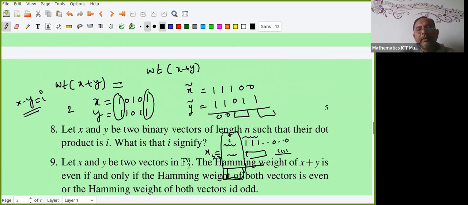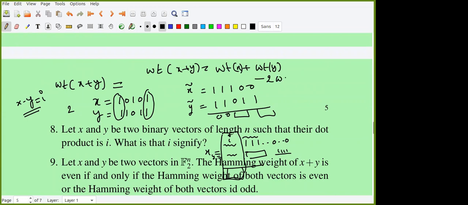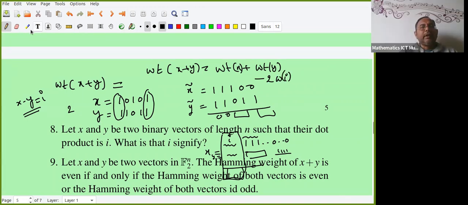Weight of x plus y is equal to weight of x plus weight of y minus, what is the answer? 2 times x dot product y. The dot product of x and y gives the number of common positions, right?